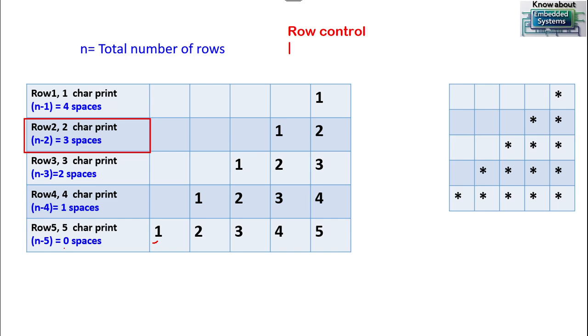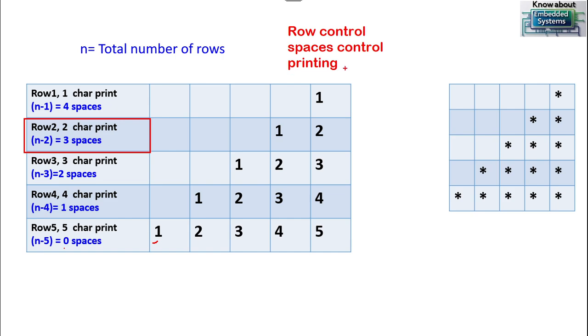The second for loop is space control, how many spaces you require. The third one is printing. So totally 3 for loops I'll be using. It's pretty simple, very easy to develop the code. Keep it in mind: the first for loop for row control, the second for loop to control the spaces, the third for loop to print it.